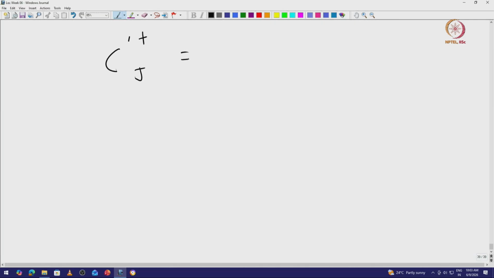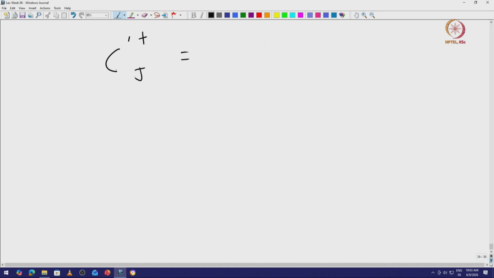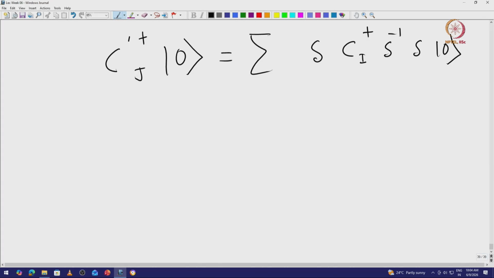Equal to, or let me keep the vacuum. So we have S c I dagger S inverse, S |0>, and the vacuum does not change under any symmetry, especially the vacuum that we are talking about, which is truly a vacuum, not a many body ground state, which is often taken as a vacuum for some excitations, and that sort of vacuum is different because it can have different symmetry.